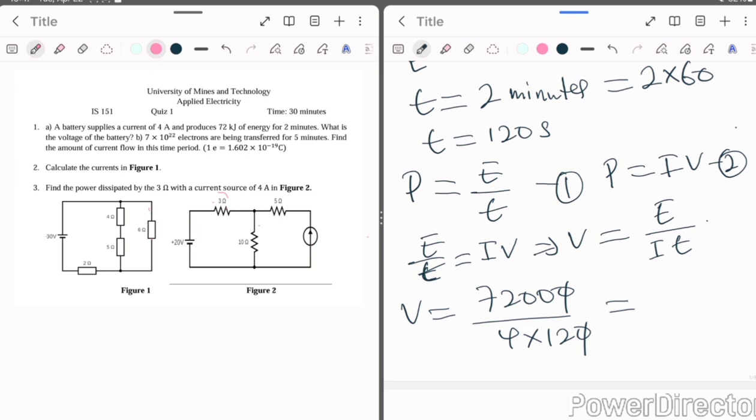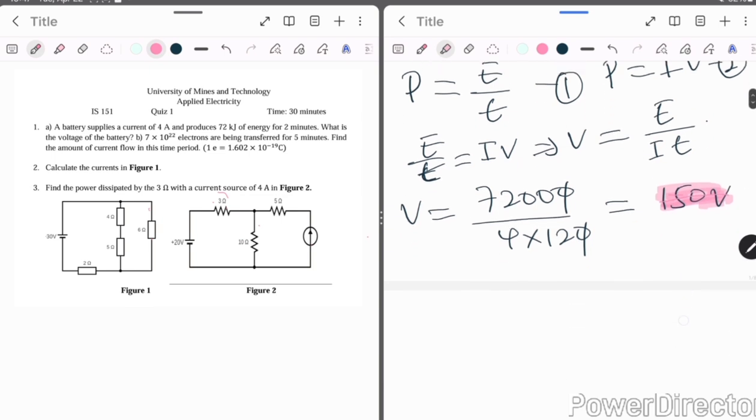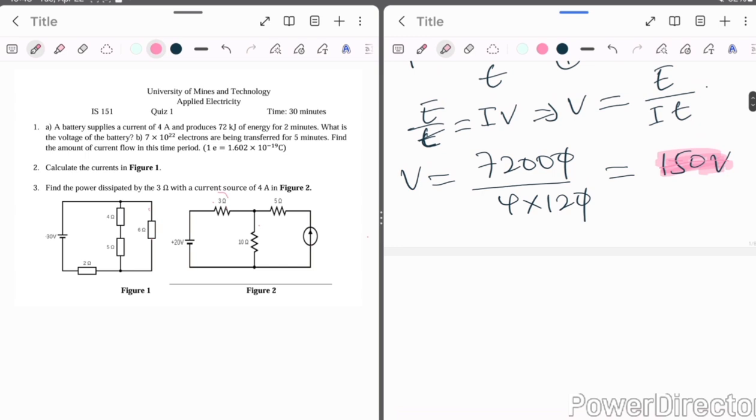So if we take the inverse of 48 times 7,200, you see that we get 150 volts. So the voltage of the battery gives us 150 volts.